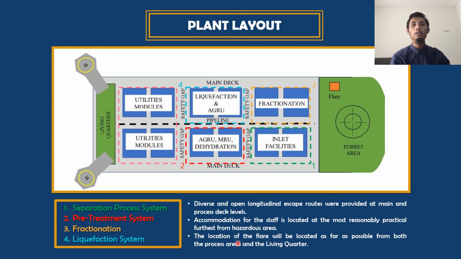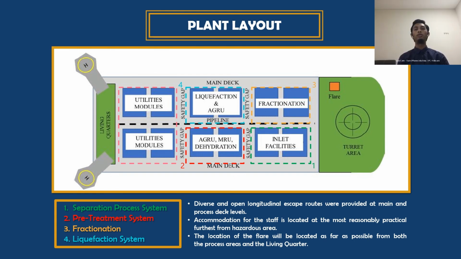And the flare will be located as far as possible from the process and the living quarters. The flare will be placed in the turret area due to heat flux considerations. Okay, that's all from me.